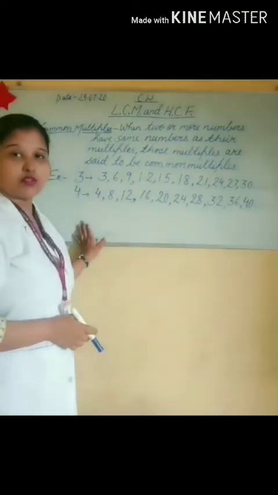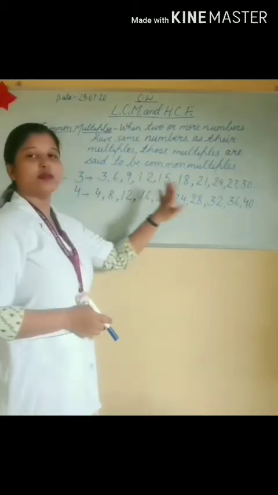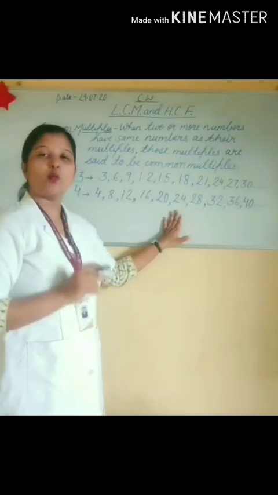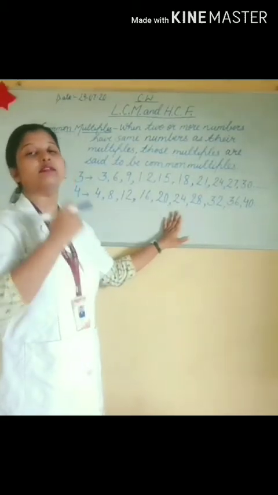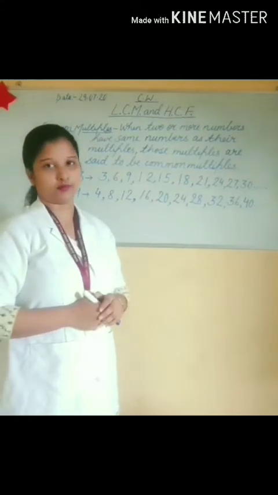Here we have two numbers, 3 and 4. You will write the first 10 multiples of 3 and the first 10 multiples of 4. Why first 10 multiples? Because it is impossible to write all the multiples of any number.